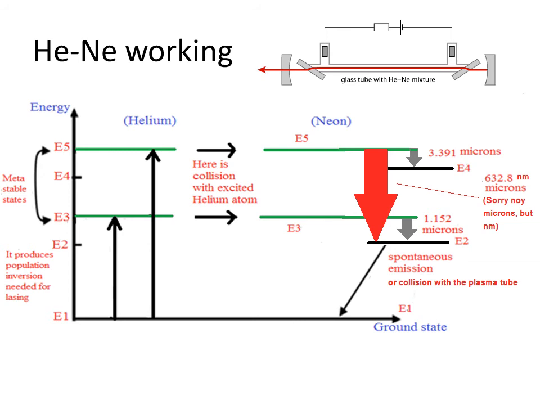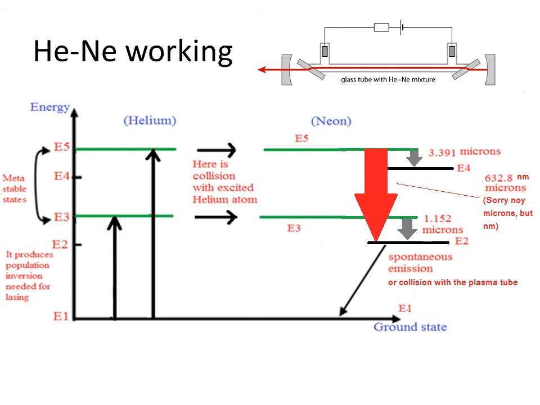Whereas if it is operating at 1.152 microns, then the upper level will be E3 and the lower level will be E2. So this is the operation, but again you just focus on the 632.8 nanometer. That is the most important emission, and that will be sufficient. But keep in mind that it is possible to make this laser operate at different wavelengths.